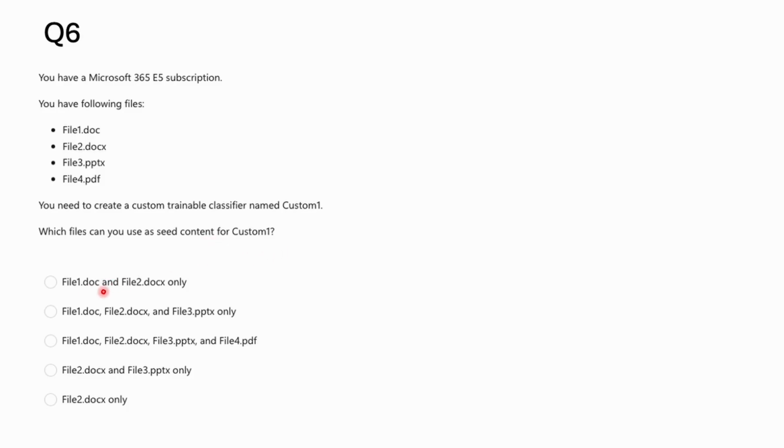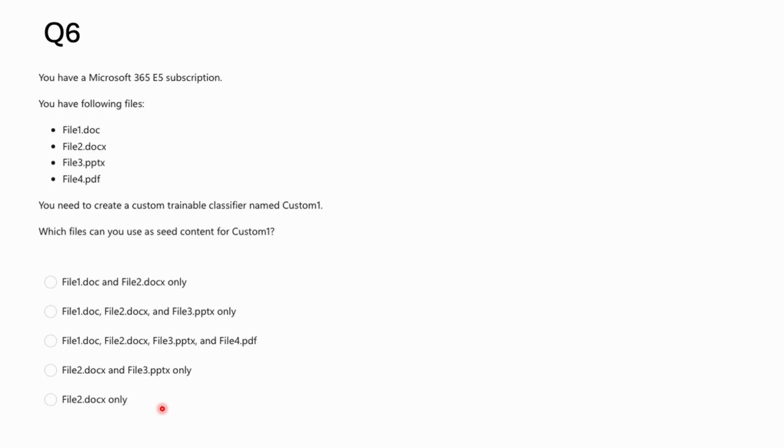File 1 DOC and file 2 DOCX only, or file 1 DOC, file 2 DOCX, and file 3 PPTX only, or file 1 DOC, file 2 DOCX, file 3 PPTX, and file 4 PDF, or file 2 DOCX and file 3 PPTX only, or file 2 DOCX only. Okay. So let's understand this question.